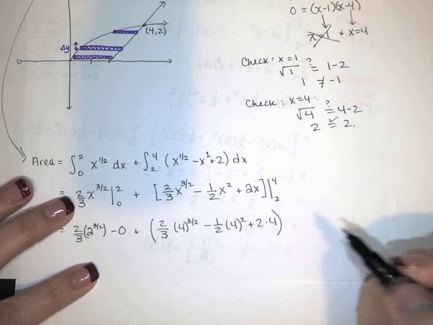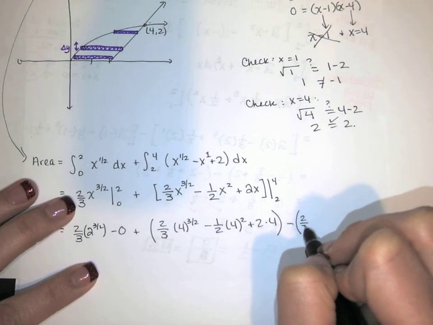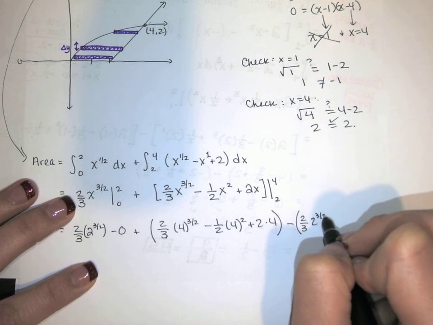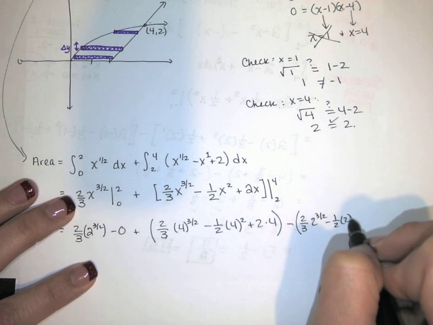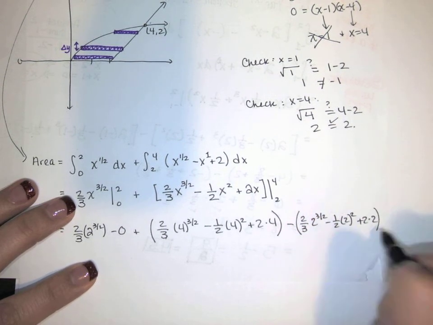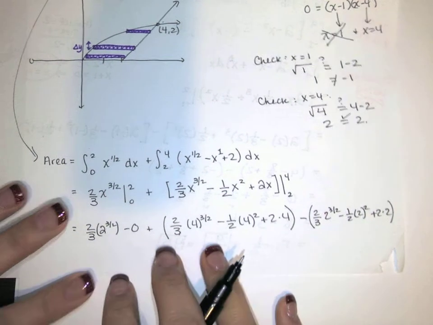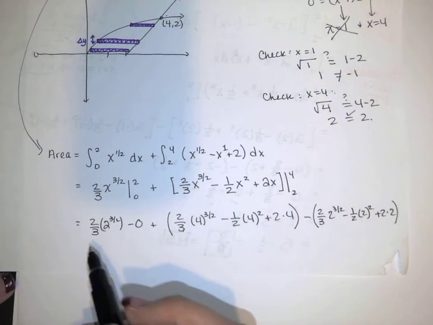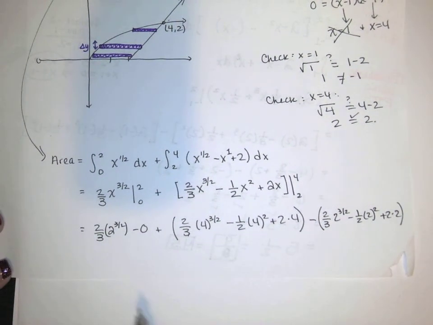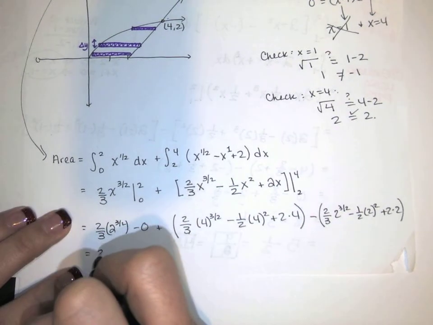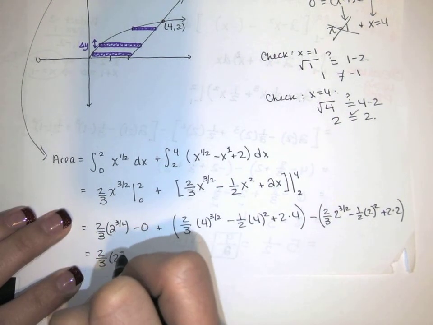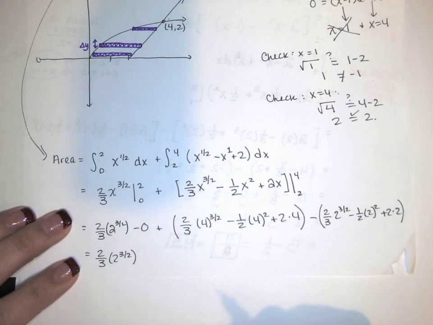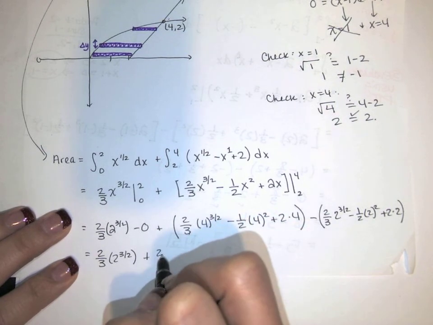And then when we substitute in 2, we're going to have minus 2/3, 2 to the 3/2 minus 1/2 of 2 squared plus 2 times 2. Okay, so this is our answer, it's just not simplified. Actually, I'm just going to leave this one alone. We don't really need to write the minus 0. This one can be simplified, but we'll simplify it later.